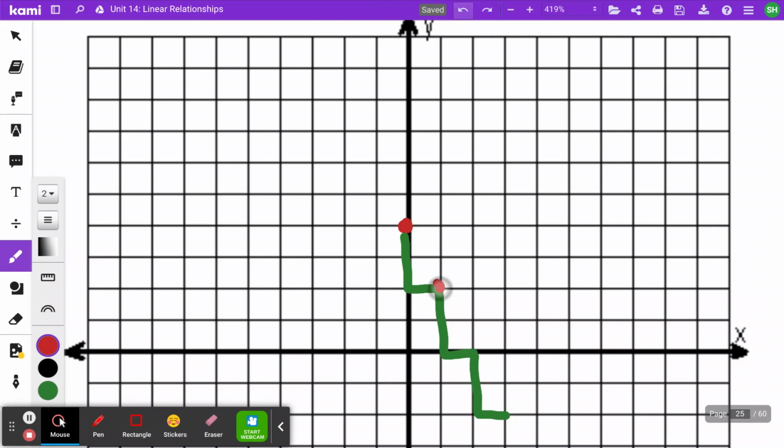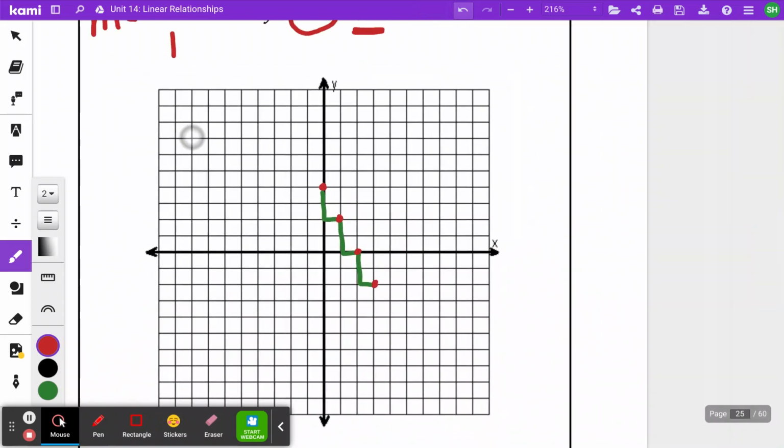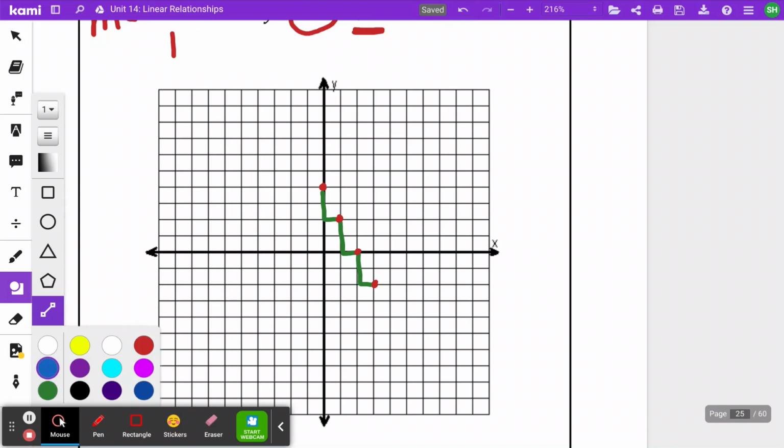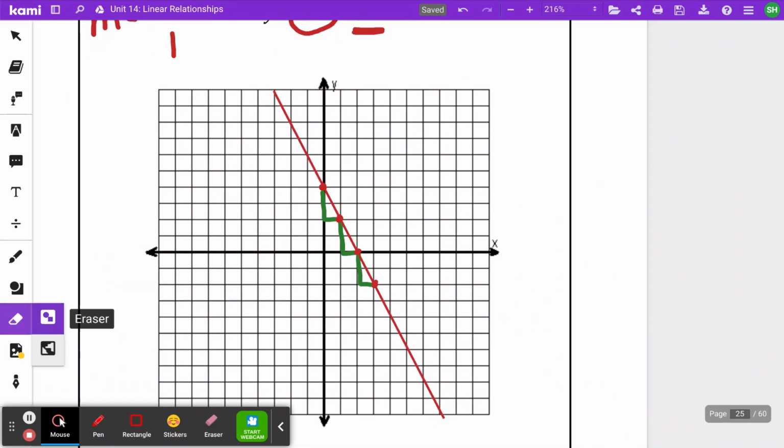So if I go down 2/1, that's a point from the line. Down 2, right 1, another point. Down 2, right 1, another point. And I can connect all of those to form a line. So if I go ahead and take a straight edge and line all of that up, there we go. We can form that line, and we don't need that staircase effect there at all.